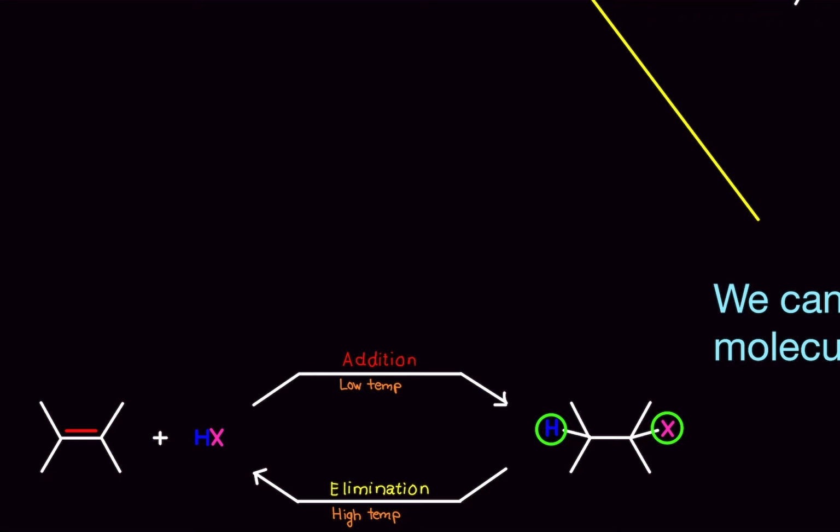What happens if you want to break that double bond and add a halogen or hydrogen to it? And we can do that. That's called an addition reaction. And we do that at low temperatures. So to basically get the addition reaction pathway, we would lower the temperature. If you wanted to favor the elimination pathway, raise the temperature.